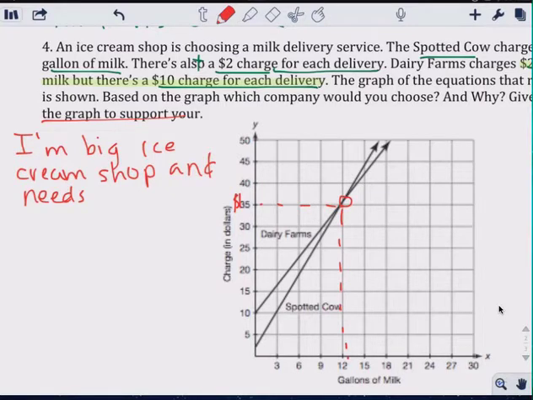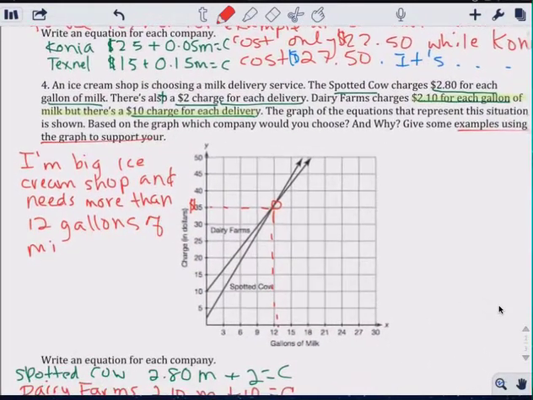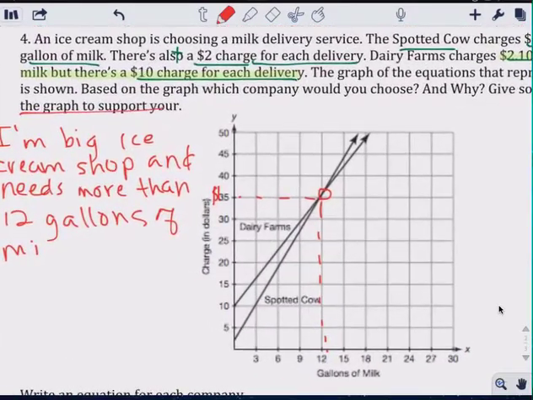Okay? So I'm a big ice cream shop and need more than 12 gallons of milk each month, or each delivery.